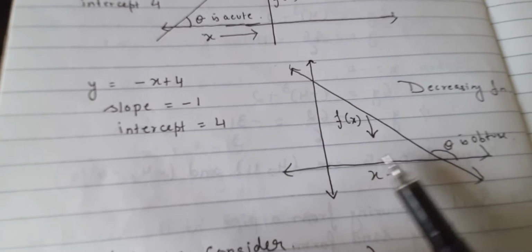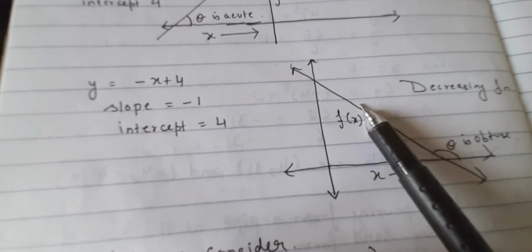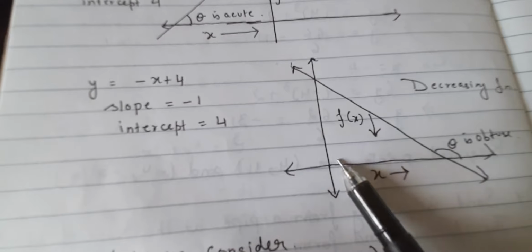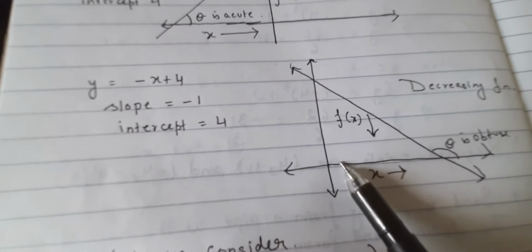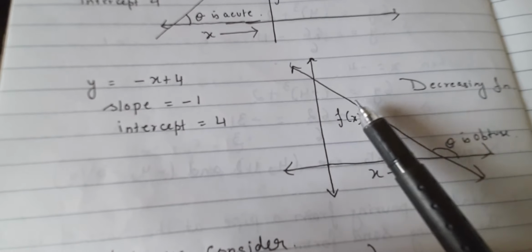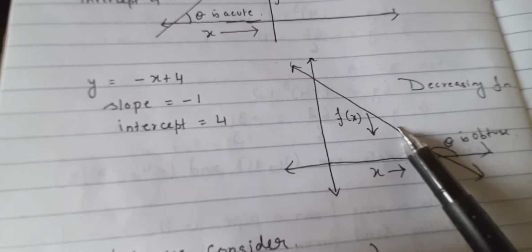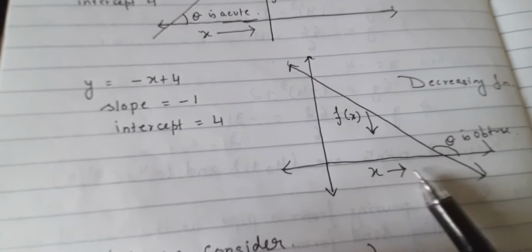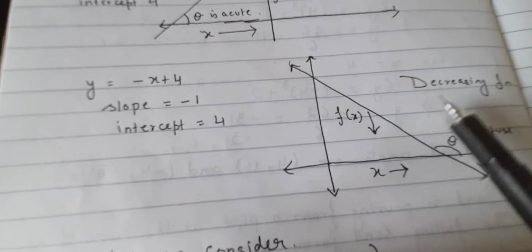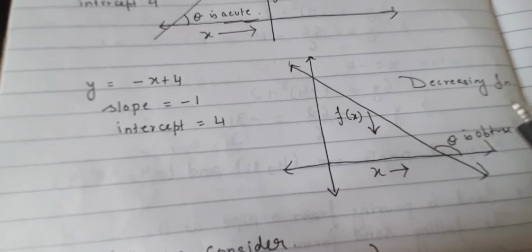We observe that when x is increasing, the y value keeps on coming down. x is increasing but f(x) is decreasing. In such cases, we call it a decreasing function.